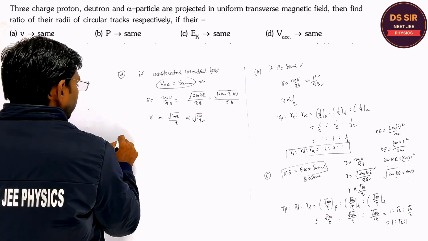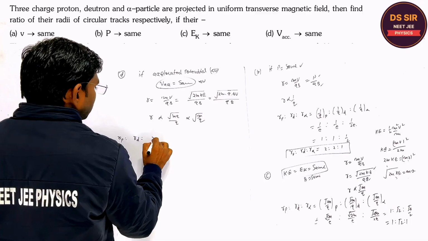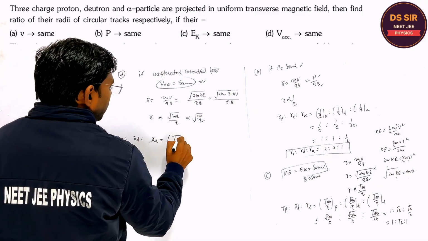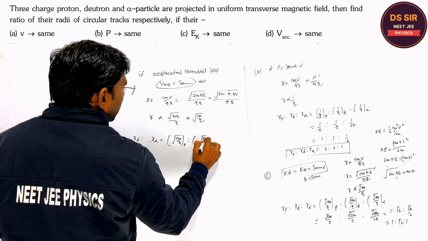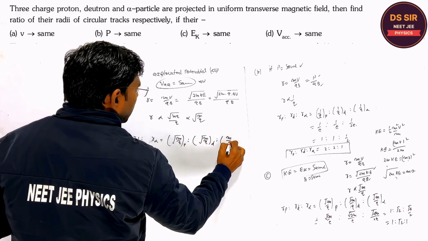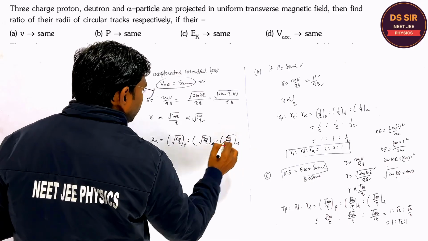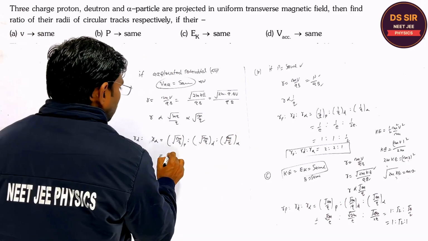Yes. So radius of proton, deuteron and alpha particle is in the ratio of m by q of proton, m by q of deuteron, m by q of alpha particle. Is it clear or not, you tell? Yes.